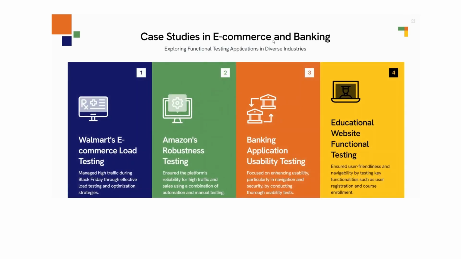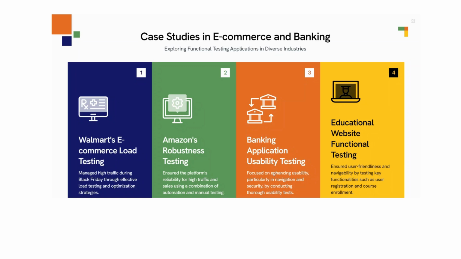The next one is the case studies in e-commerce and banking. In this diverse industry, Walmart's e-commerce load testing managed high traffic during Black Friday through effective load testing and optimization strategies. It's a case study. Amazon's robustness testing ensured the platform's reliability for high traffic and sales using a combination of automation and manual testing.